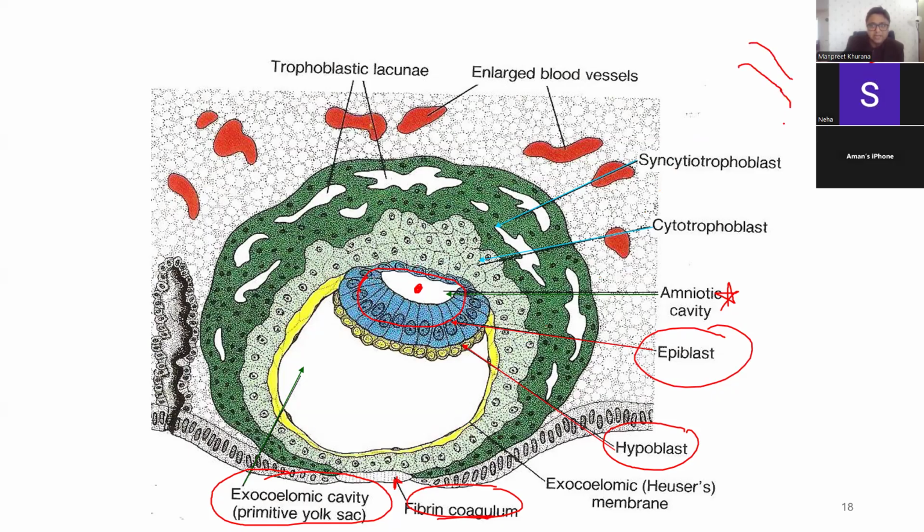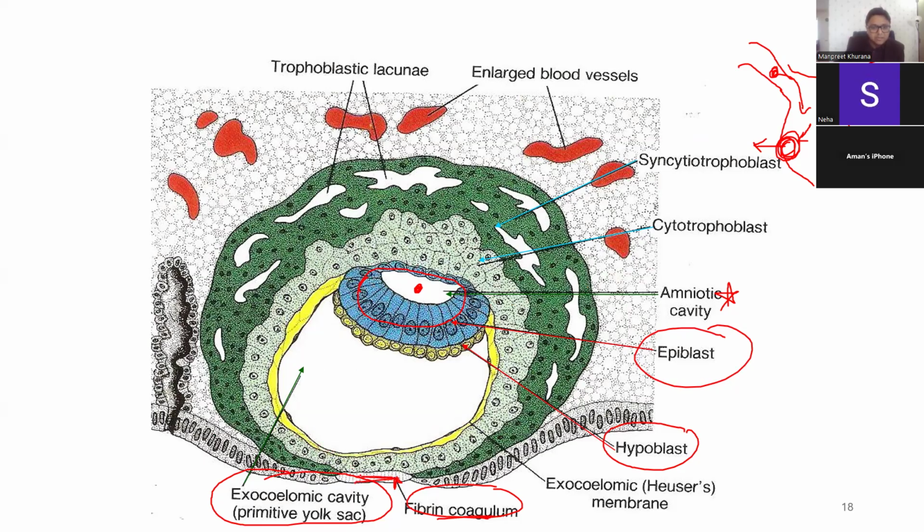Now, as I showed you in this picture, from the uterine tube it drops down into the uterine cavity. What happens is it gets implanted here. When it gets implanted, it goes inside, right? When it goes inside, this membrane ruptures. When it ruptures, it is actually repaired.